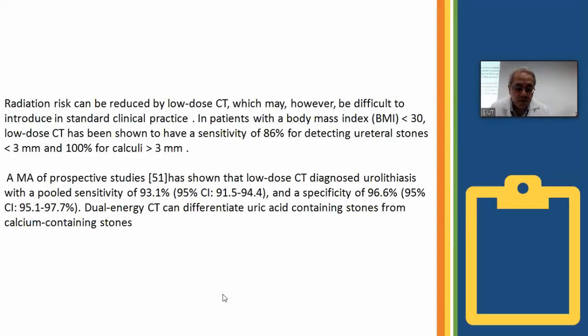For instance, the patient might be, as you have mentioned, having a BMI of less than 30 or more than 30, plus what the condition might be, for instance, pregnancy with the presence of a stone and ureteric colic.